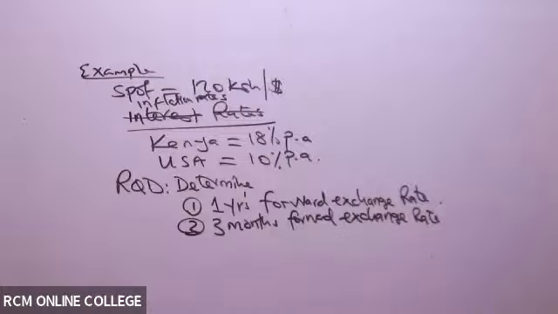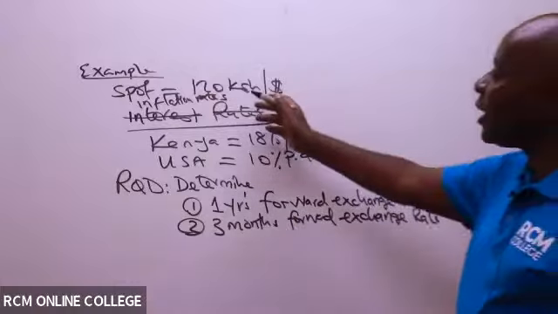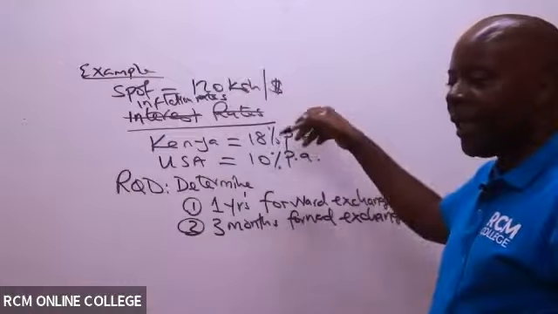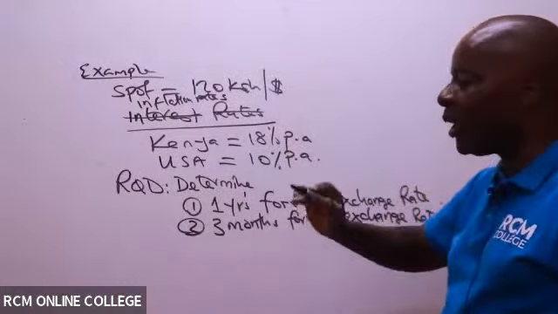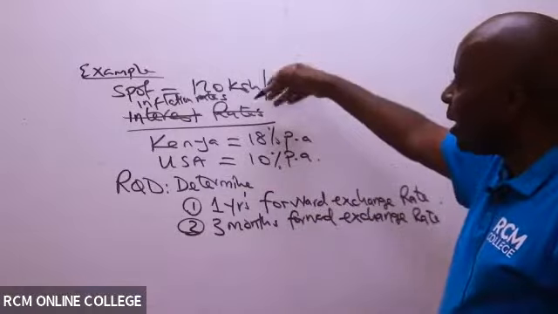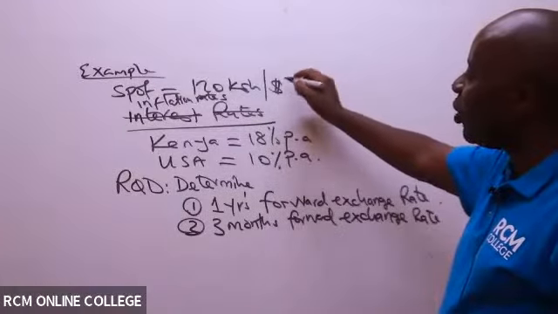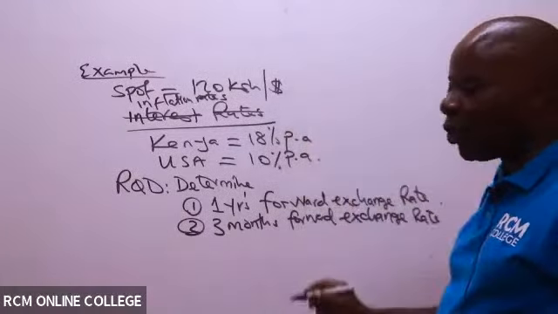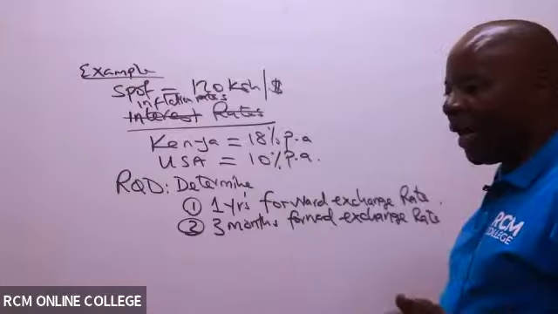So, ladies and gentlemen, in this question, we have 2 countries. Which countries are involved? You can see we have Kenya shilling, so Kenya is here. And you can see the dollar, so US is here. So we have Kenya and the USA.